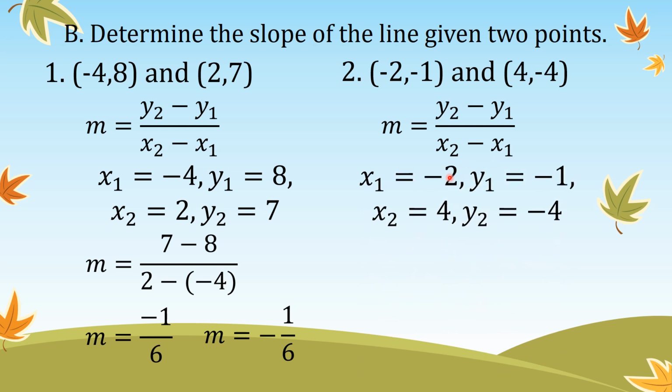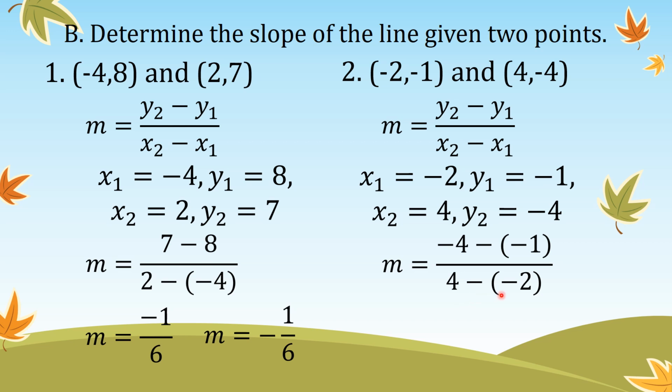So, our value for x sub 1 is -2, y sub 1 is -1, x sub 2 is 4, and y sub 2 is -4. So, substitute itong mga to sa ating formula. So, meron tayong -4 minus -1 all over 4 minus negative 2.